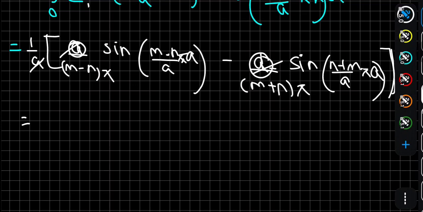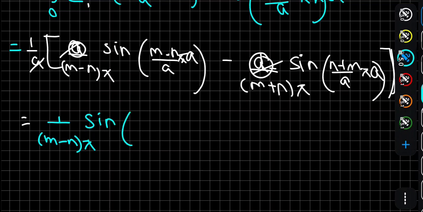Let me evaluate it now. So this is equal to 1 by (m minus n) pi sine (m minus n), a and a will cancel out, pi as a whole.